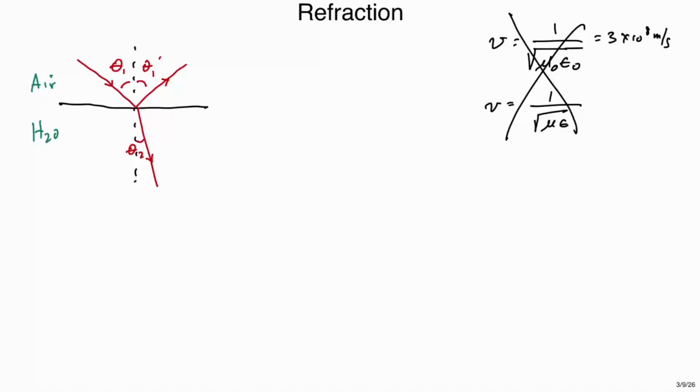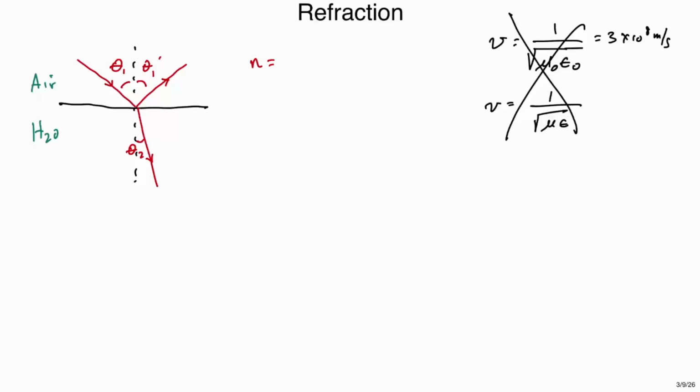Instead, in optics, we've got an alternative way to go after this speed, and it's called the index of refraction. We're going to use the little n, because we've never used little n before, right? No, we like to use it all the time as a counting number.